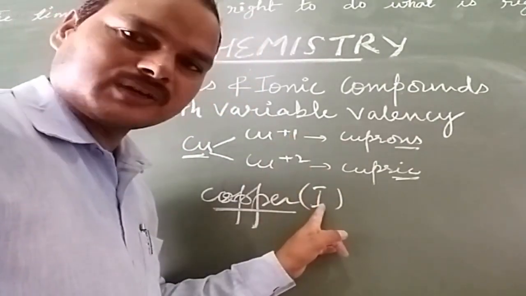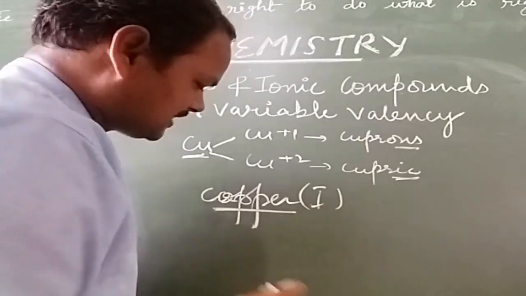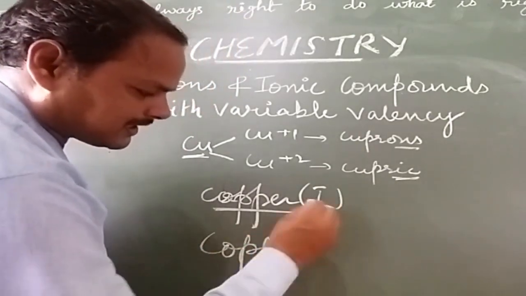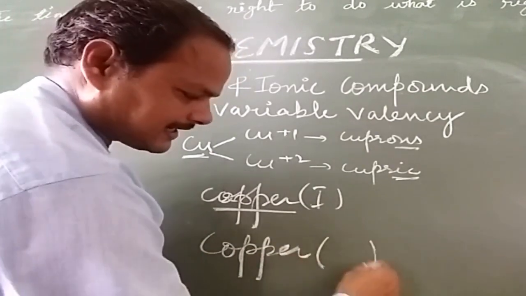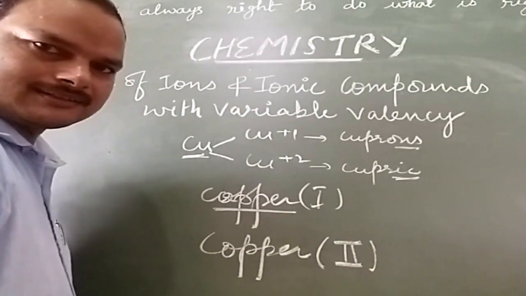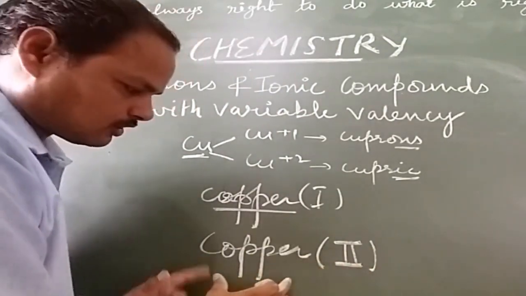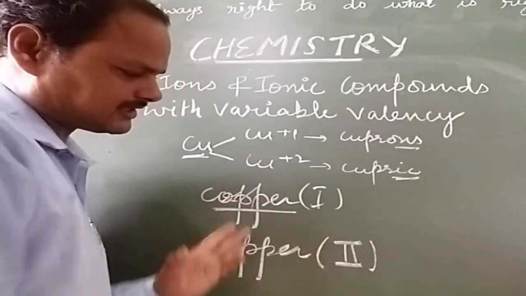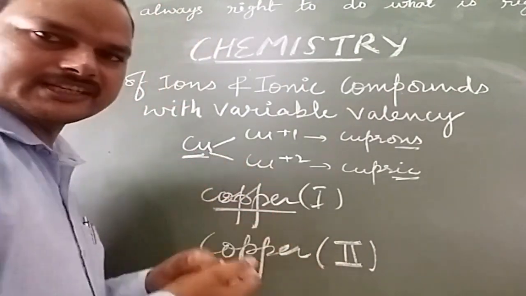One valency means one Roman numeral, that is first, and for the second, that is copper second, within brackets just after the name we write second. This second stands for copper in the higher oxidation state, meaning plus 2. This is the name according to the new convention.